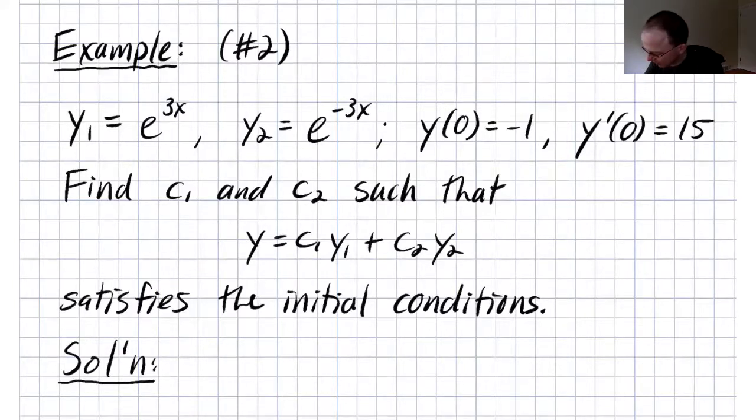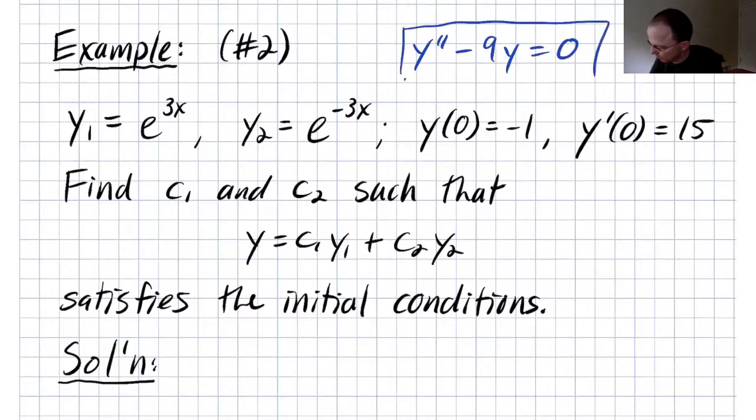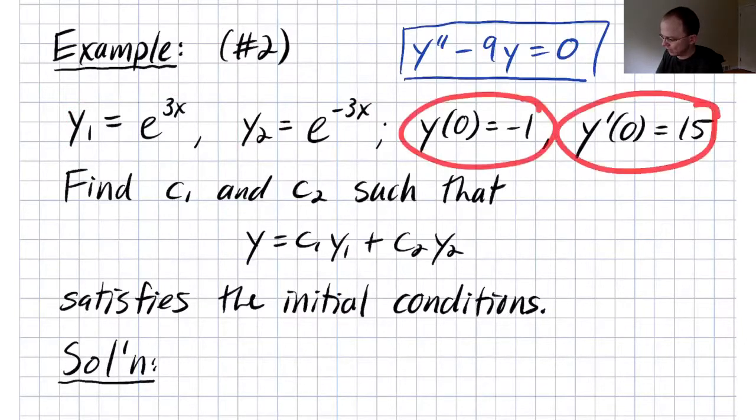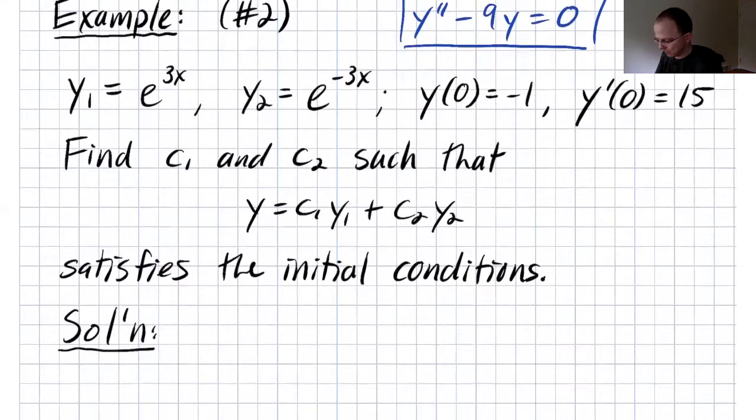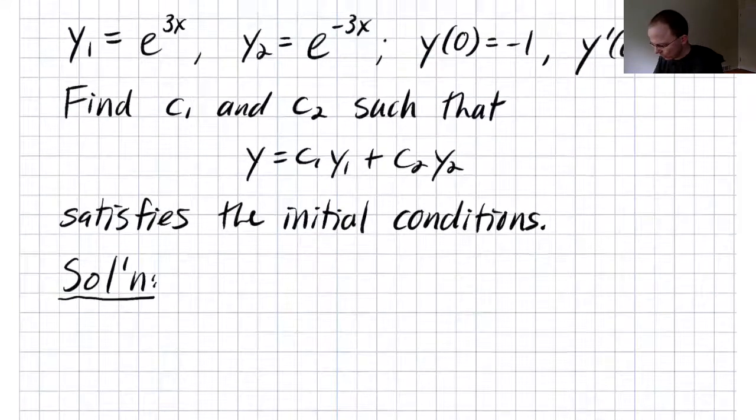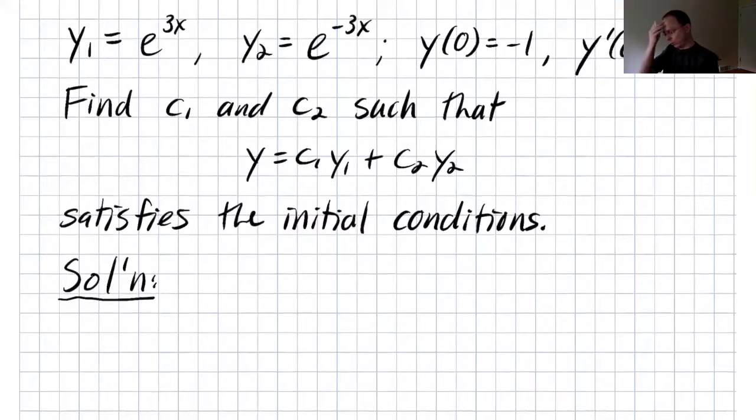The differential equation is y double prime minus 9y equals 0. The important thing is that these are both solutions to the same differential equation. And then these are the initial position and initial velocity. So let's do this, and again we'll use the idea of the determinant.